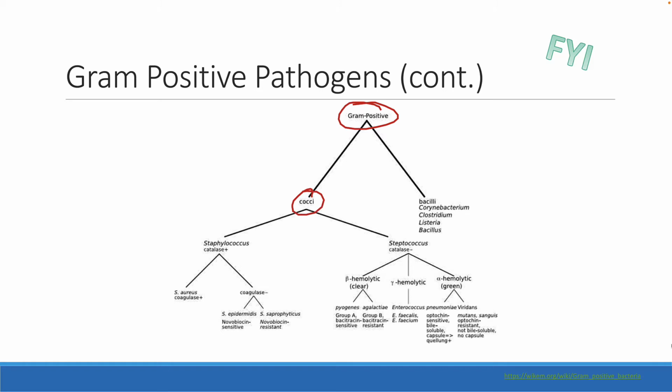Now we see whether they are catalase positive or catalase negative. And if they're catalase positive, then they are Staph aureus, or Staph epi, or this one, which I don't recognize. Okay? So again, use this to help you when you're in clinical, figuring out what some of these organisms are. This will be a very good cheat sheet.